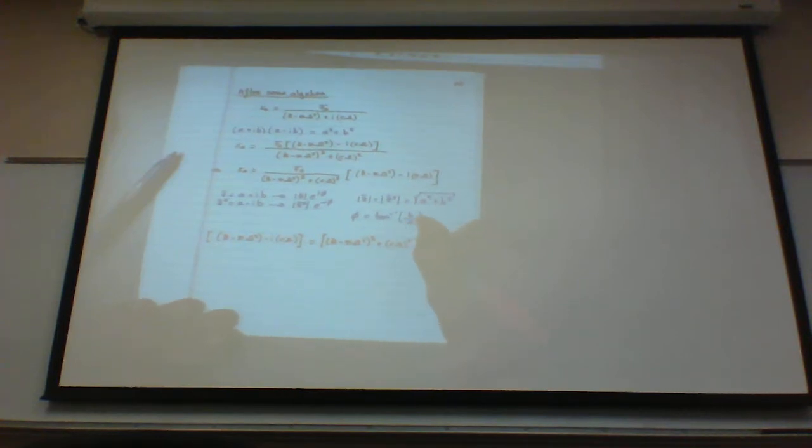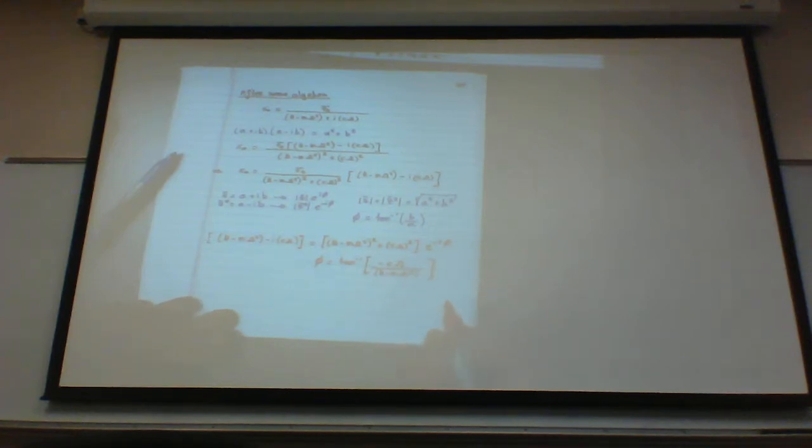But it should be the minus i phi, no? Because we have a minus over here. Minus i phi, where the phi would be equal to what? The inverse tangent of c omega over k minus m omega squared. Or minus c omega, no? It's negative. Right, sorry. Yeah, minus c omega divided by k minus m omega squared.